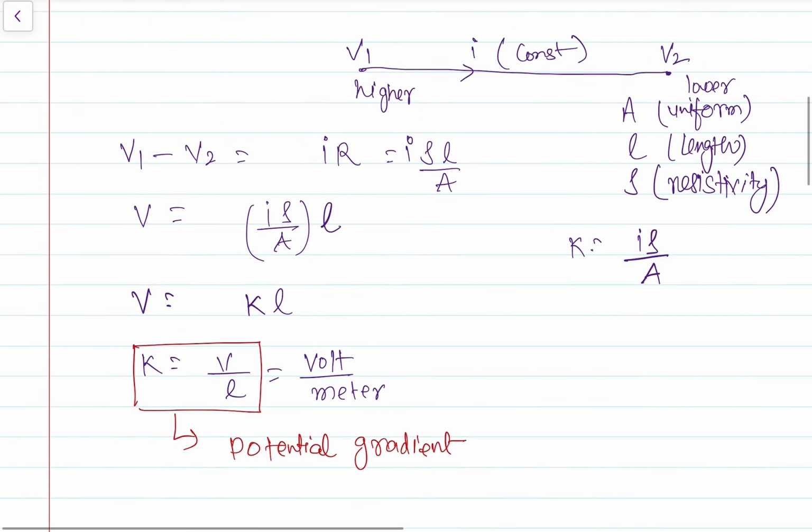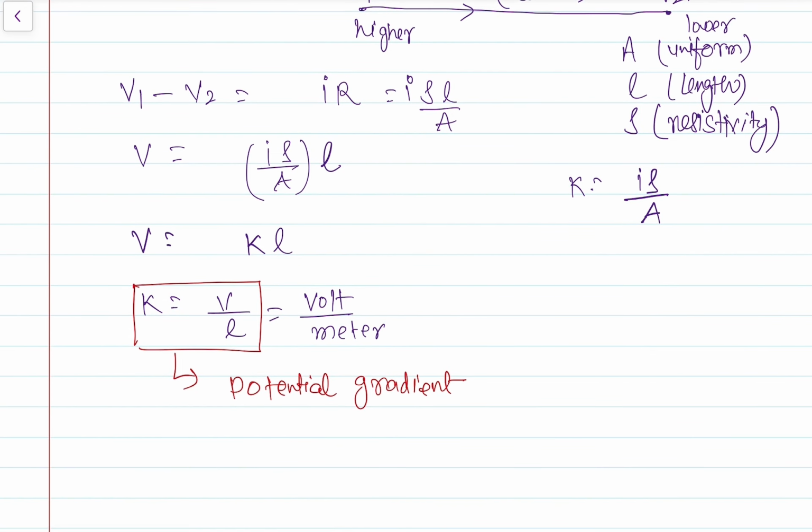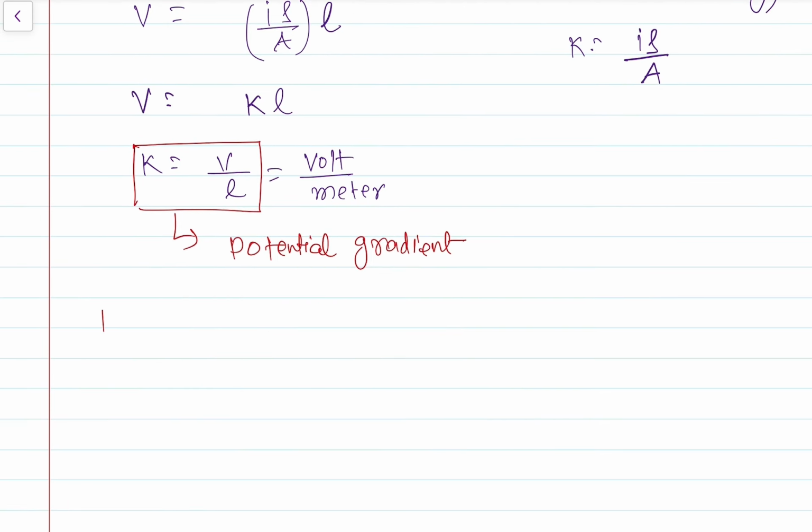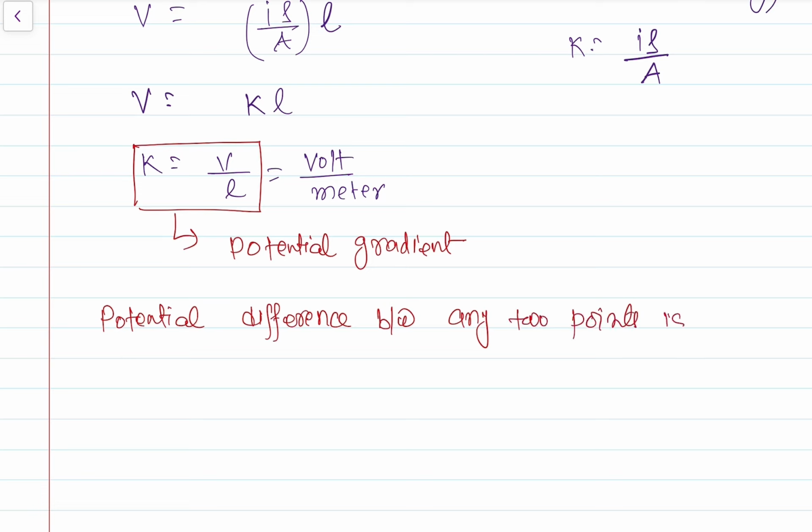So the principle of potentiometer states that for a given wire, the potential difference between any 2 points is directly proportional to the length between those 2 points.